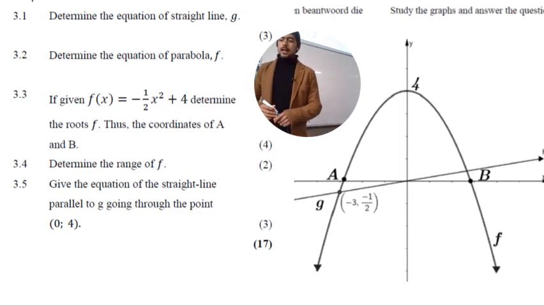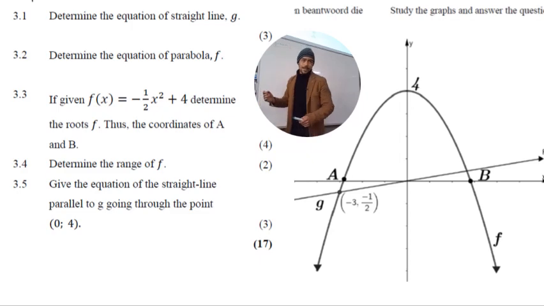All right? And in this case, this is how our answer should end off. So what do I need here? I need my c value, because I'm not going to give my answer as y is equals to mx plus c, and I need my m value, which is my gradient. My c value is my y-intercept.